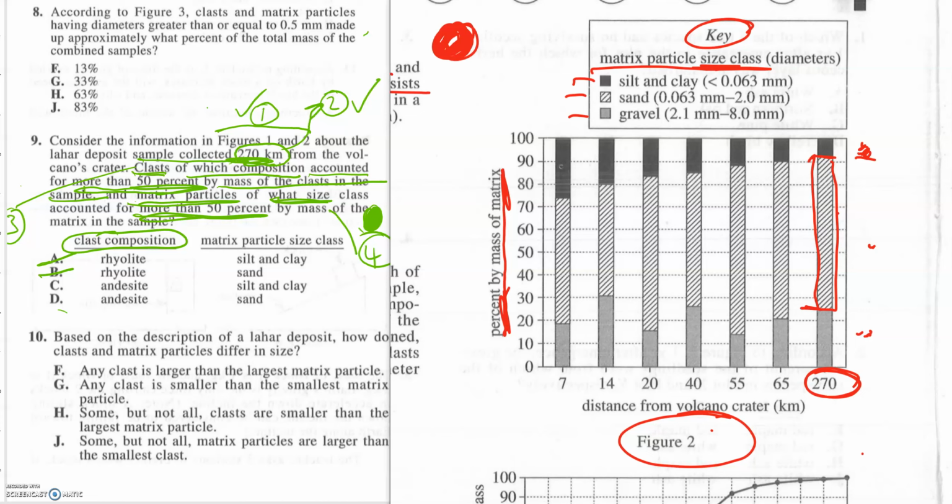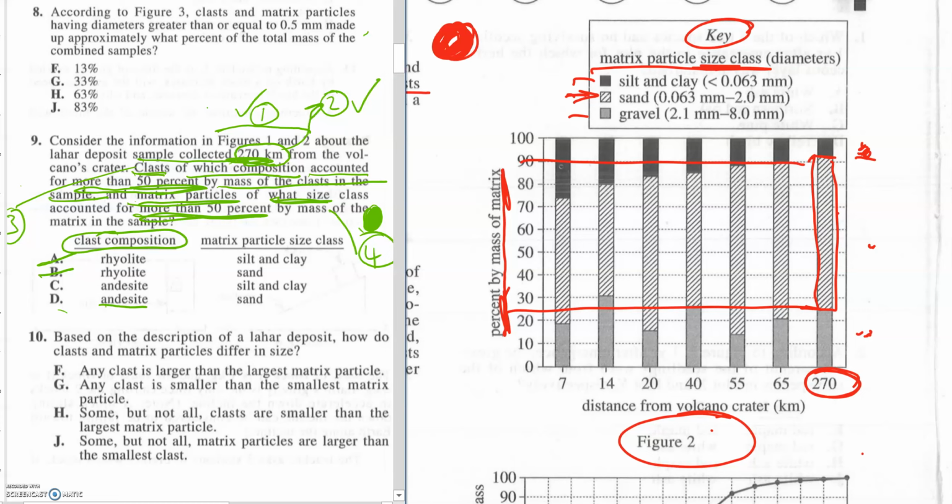It starts at about 25, and it goes up to 90 odd. It's definitely over 50%, so it's a winner. And we find out what the stripy one is, and it is sand. So there we go. We're looking for the answer choice that has andesite and sand, and that is answer choice D. And what looked like a convoluted question is really very simple once you break it down into its steps. And there we go, answer D.